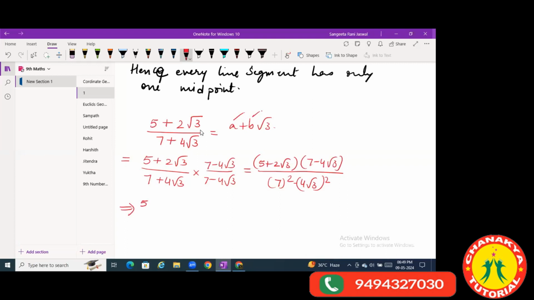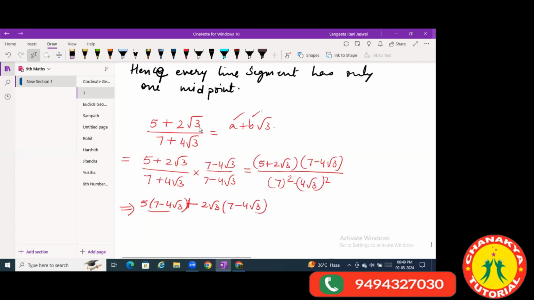So you multiply 5 with this bracket part. That becomes 5 into 7. Just I'll write it like this for your convenience. Plus 2 root 3 into 7 minus 4 root 3.